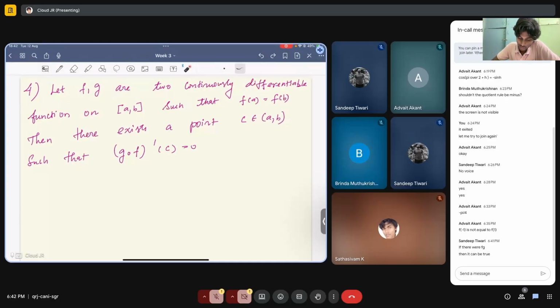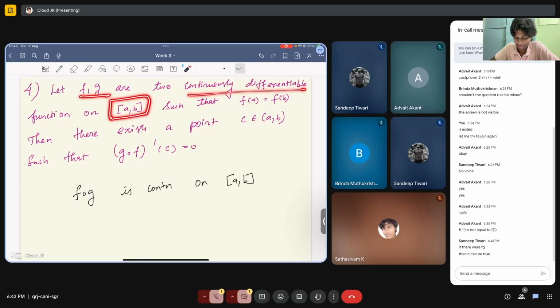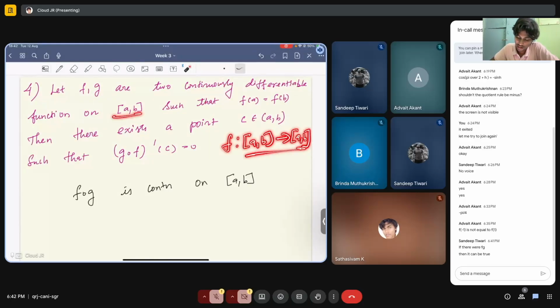Okay, so you have two continuous functions. The composition of continuous functions is continuous, so it is continuous on [a, b]. But here I just want to mention one thing. We are told these are two continuous differentiable functions on this interval, right? So I'm just assuming f is a function from [a, b] to [a, b].